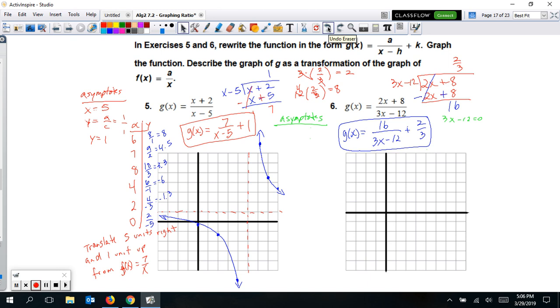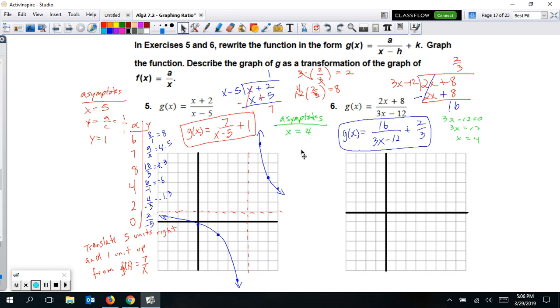So I'm going to just do that, add 12 to both sides, and then divide by 3, x equals 4. So there's my asymptote for the vertical one. So h would be 4, so x equals 4 is what that would be. Because your h is not 12. It's not going to be 12 because we do have a 3 in front of here.